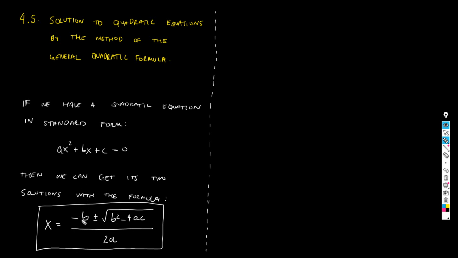So what are A, B, and C in this formula? They stand for your coefficients, the coefficients of each of these terms. Remember, you have three terms in a quadratic equation.